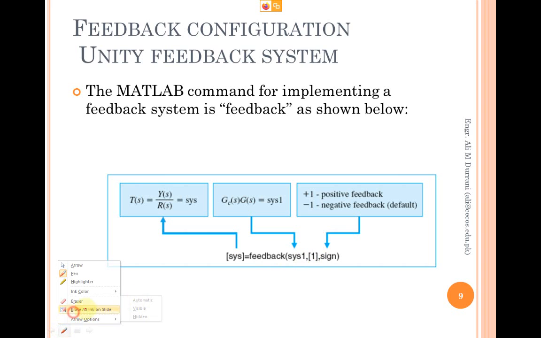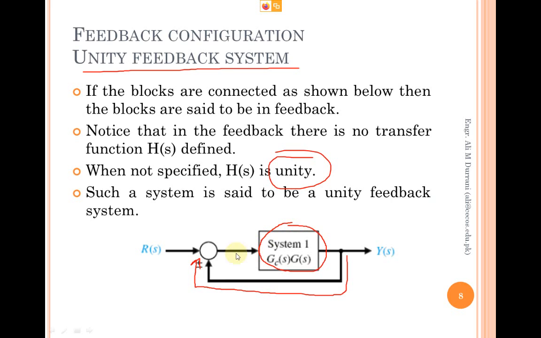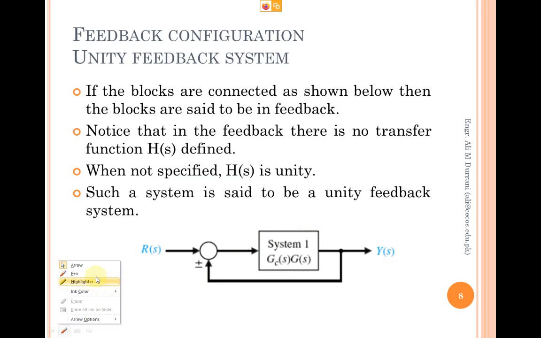And then we have sign. Okay, now in this sign we have +1 for positive feedback and we have -1 for negative feedback. As you can see in your diagram, if I can erase this, the feedback can be positive and it can be negative.